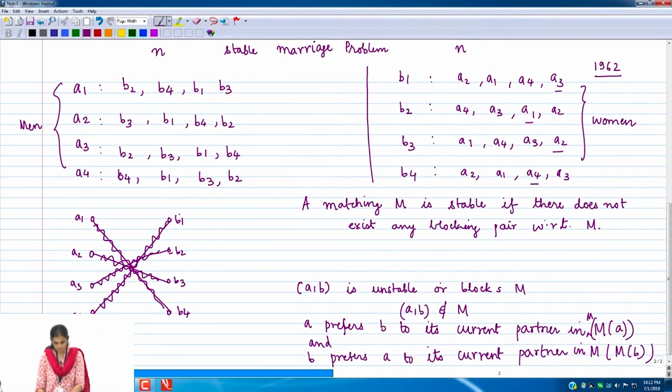Right? So I'll leave it to you to verify. Unless you show me a witness blocking pair, I will say that this is a stable matching, because I have computed it. So can anybody spot a blocking pair or an unstable pair?